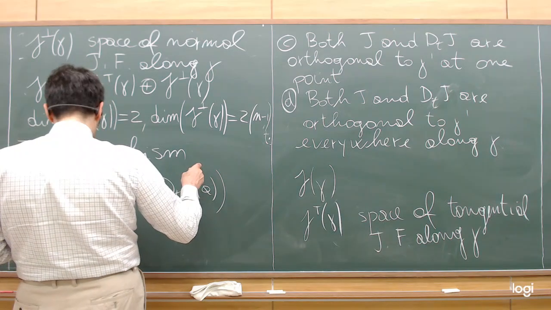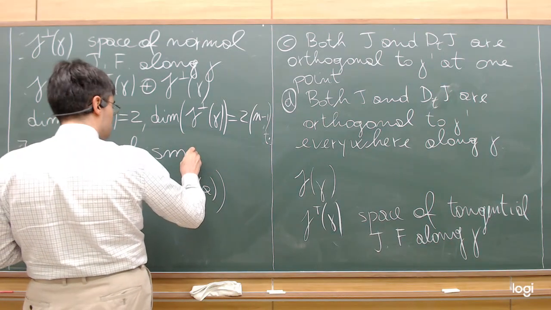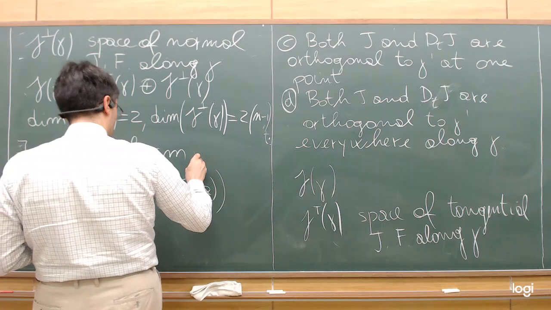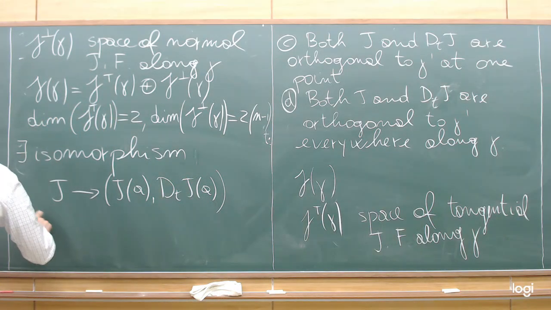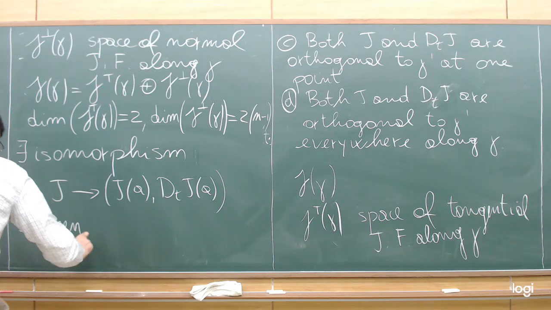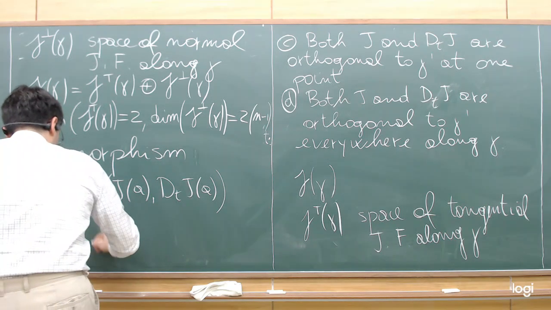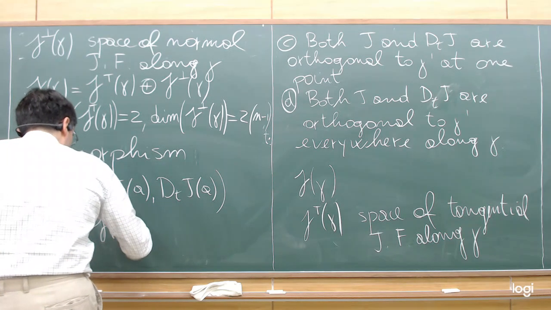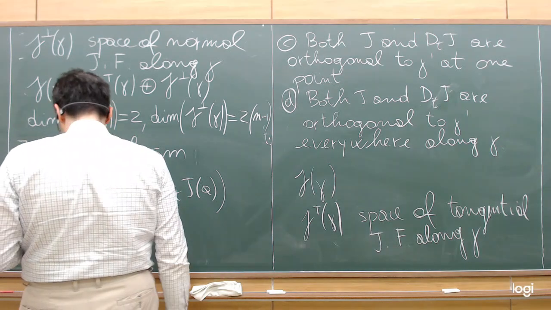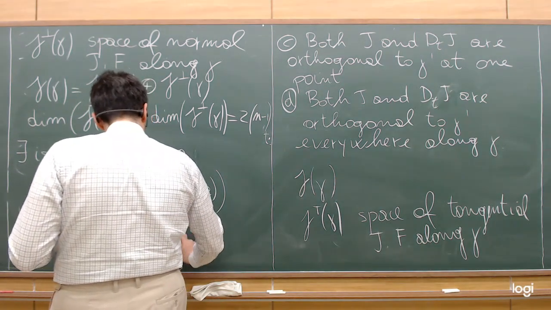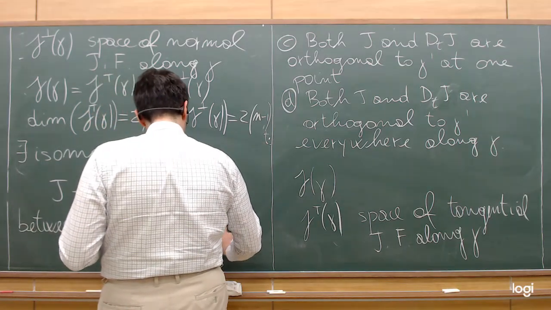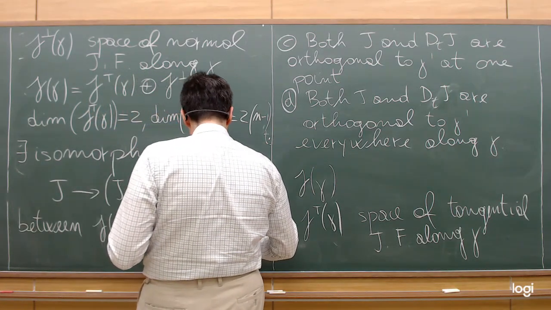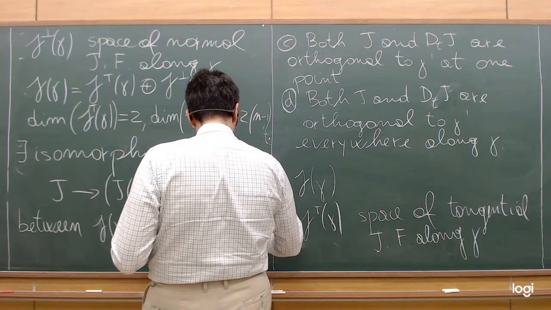So this is an isomorphism between J gamma and T gamma A M plus T gamma A M.